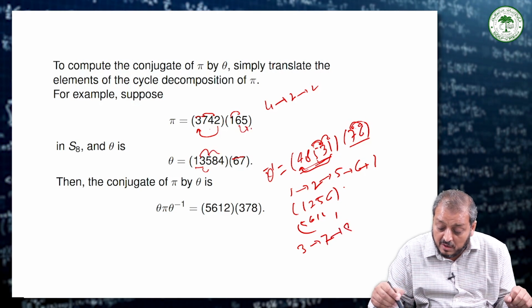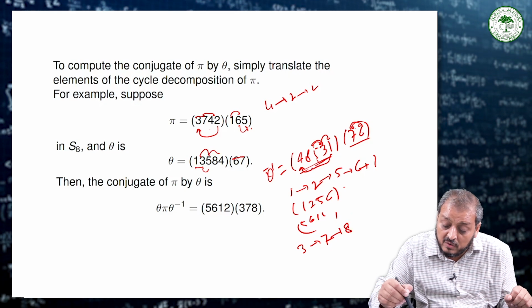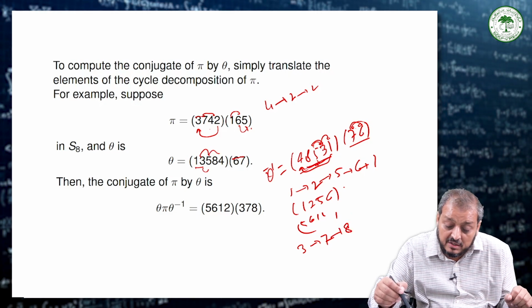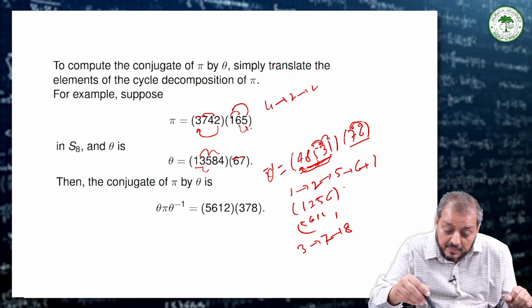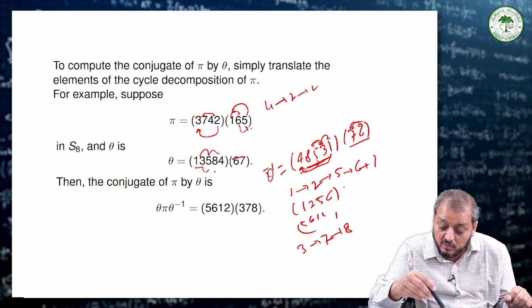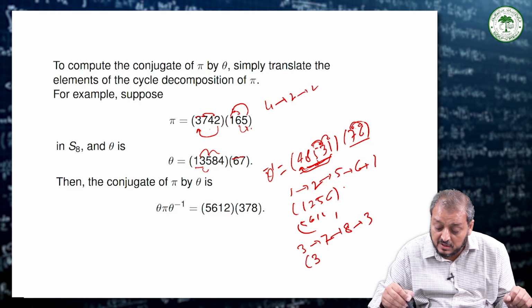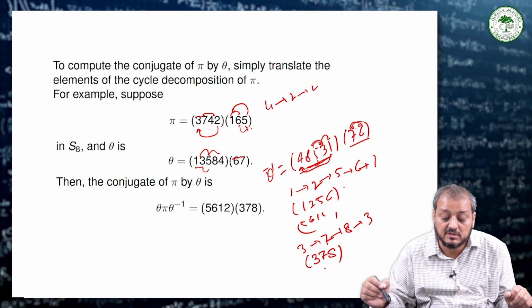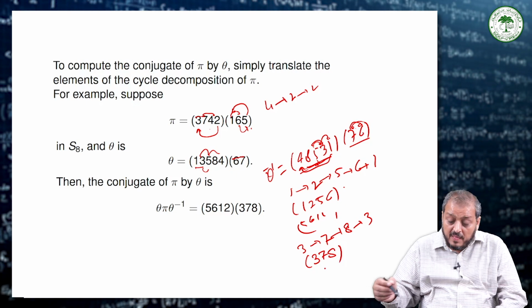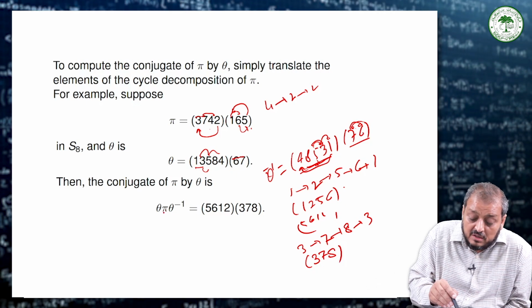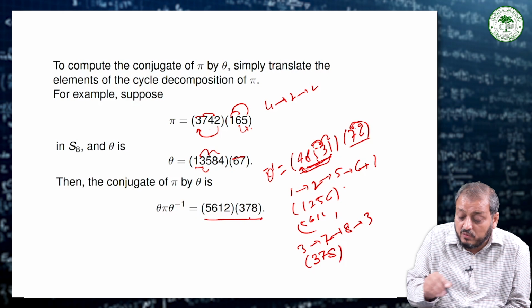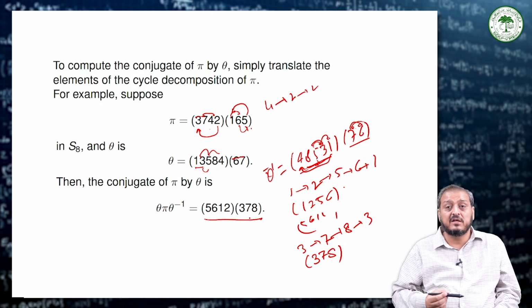So this goes to 8. Now 8 goes to 5, then 5 goes to 1, and then 1 goes to 3. So we get 3 7 8, another cycle. This means theta pi theta inverse can be written as these disjoint cycles.